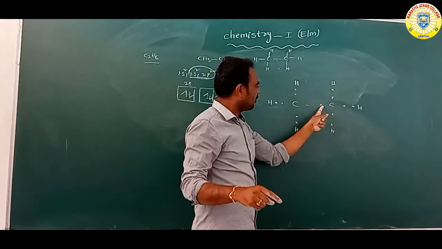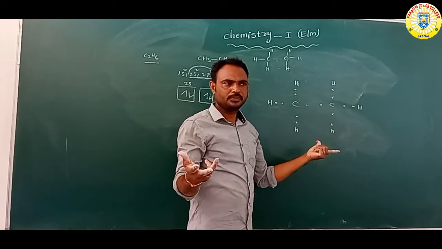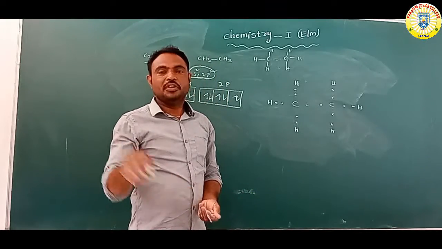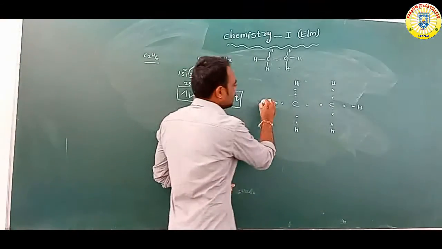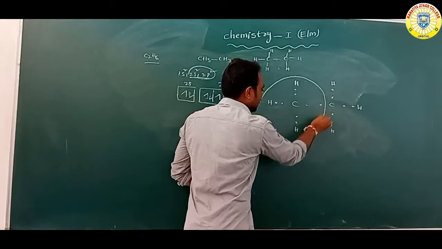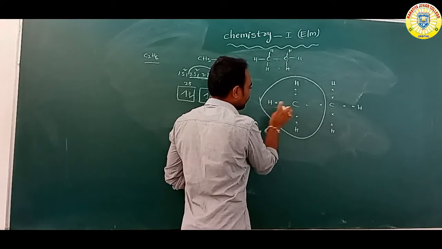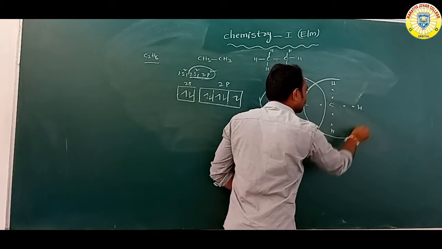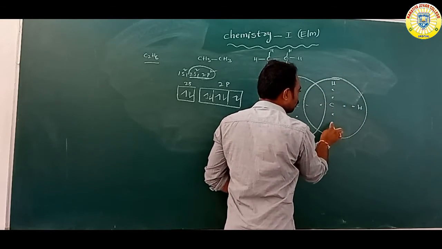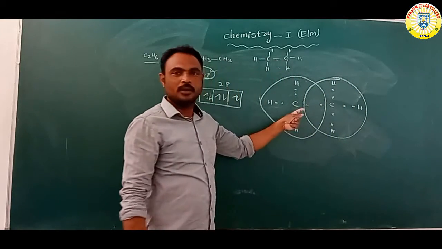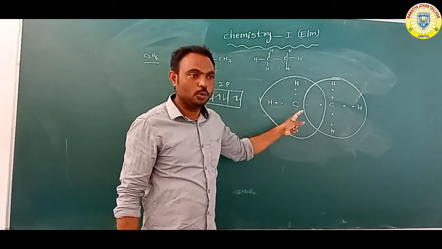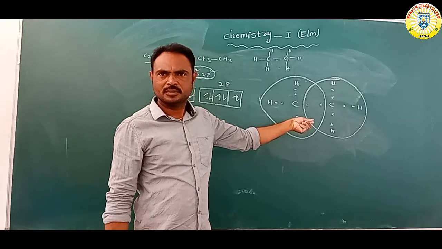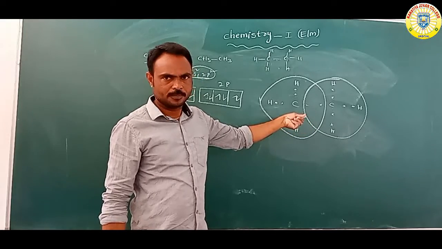So this carbon has 8 electrons, 2, 2, 2, 2, and this carbon also contains 8 electrons. It is the Lewis dot structure, very important in 10th class.